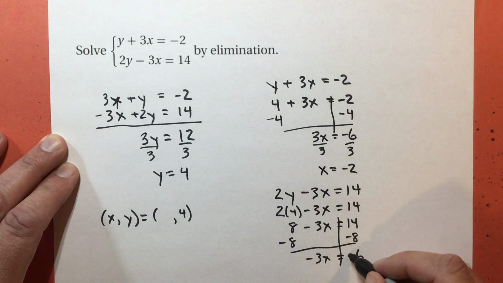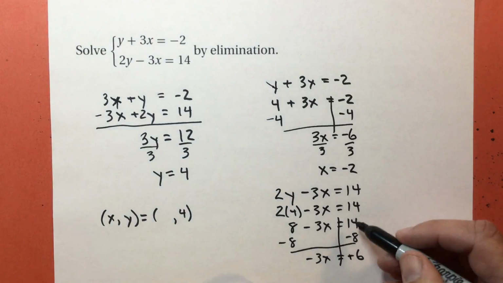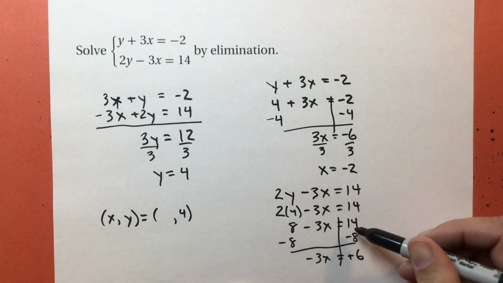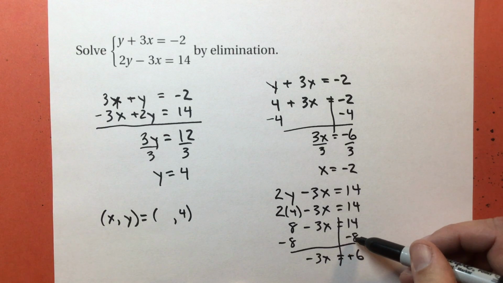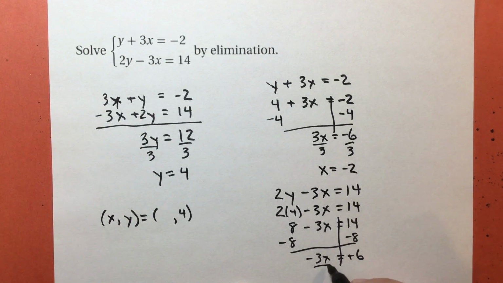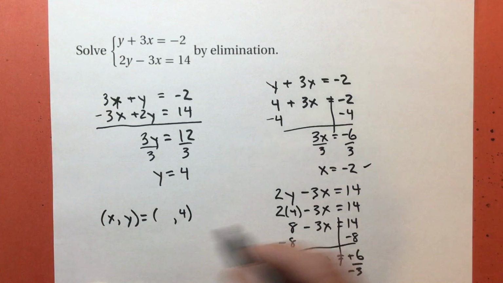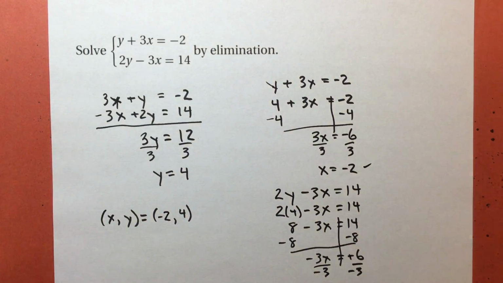Excuse me, positive 6. See, I caught that. I was switching the signs in my head. Positive 14 plus negative 8 is positive 6. And divide by negative 3. And again, I get x equals negative 2. That's the same as that. So I ended up with negative 2 for my x, and my y is 4.